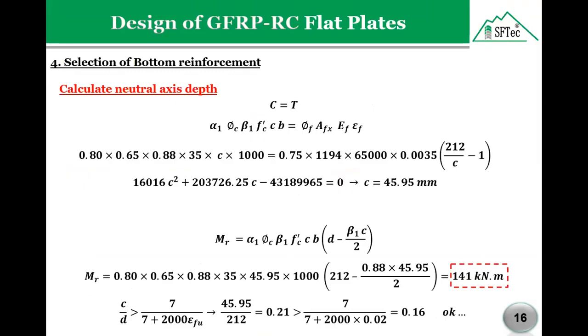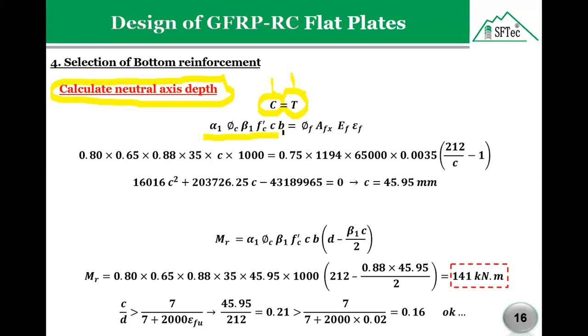Continuing to the selection of the bottom reinforcement, we are going to calculate the neutral axis depth. So here we are going to equalize the compression force with the tension force. So the compression force from concrete will equal the tension force from the GFRP bars.